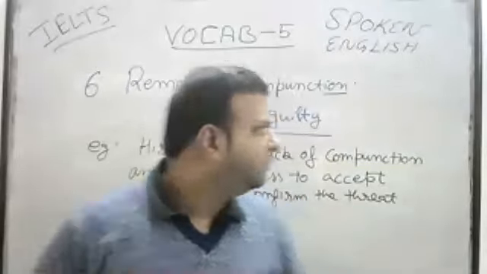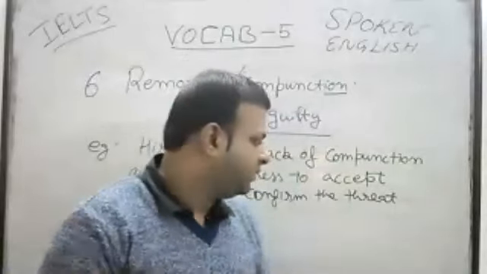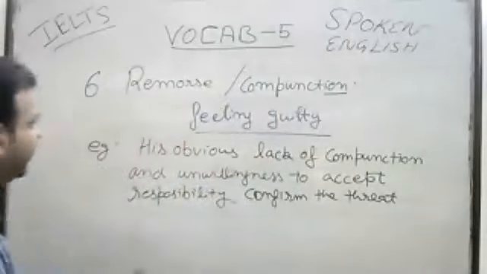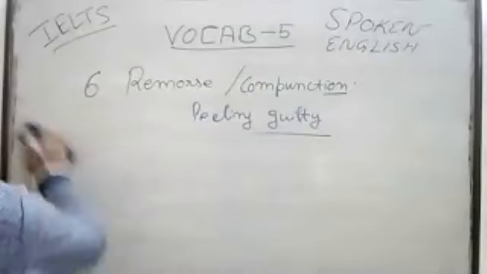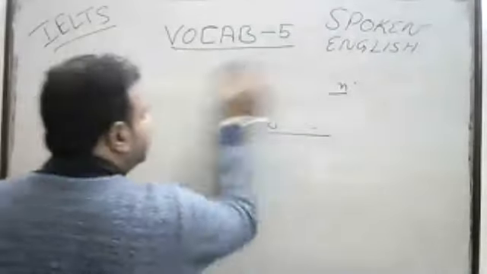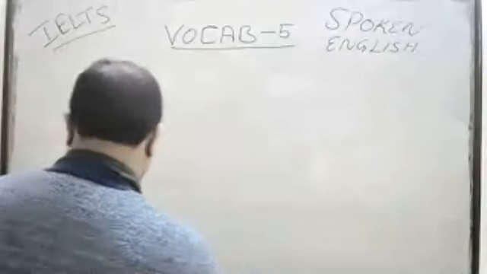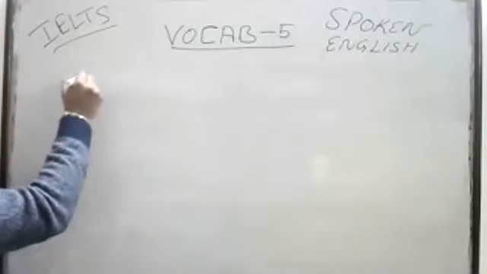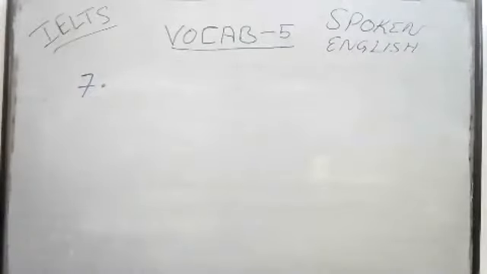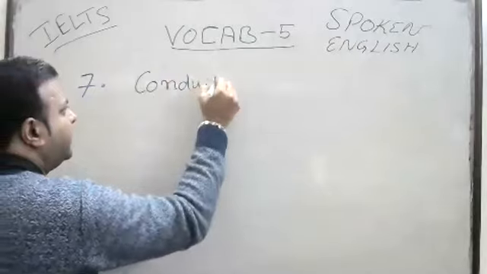So they lack compunction or remorse, which means they do not feel guilty. I hope this one's clear too. Now let's move on. Number 7, next word: conduit, conduit.